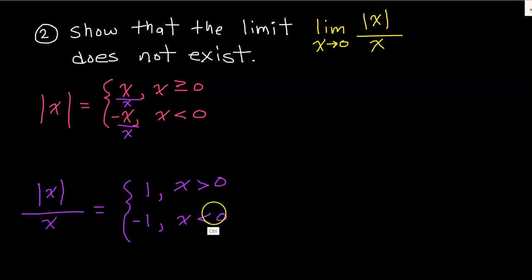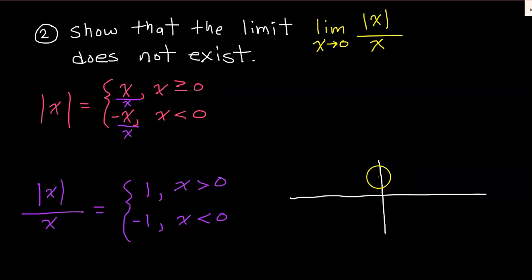So here is the piecewise function for our original function. So let's do a graph of this so we can analyze and see why the limit doesn't exist. All right, so here comes a quick sketch.